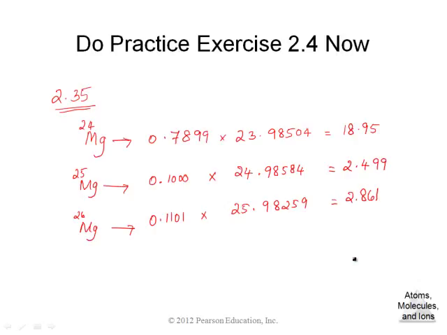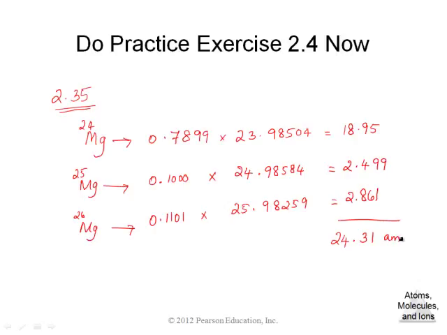So these are the individual mass contributions, and the average atomic mass is, what do you do once we get these numbers? Just add all of them up. So let's add all of them up. What do we get? 24.31.